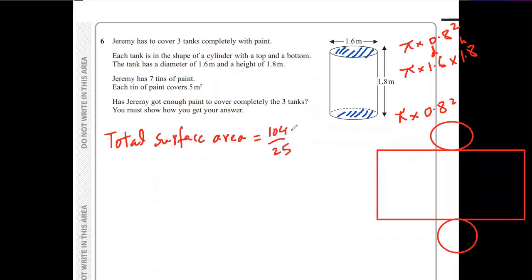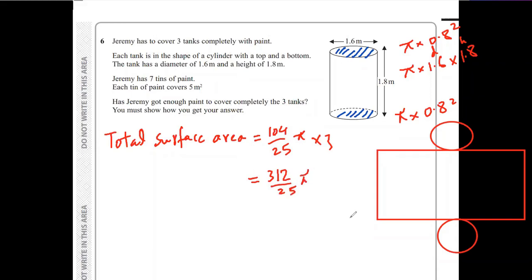And how many such cylinders need painting? 3. Okay, so which means you will times it by 3 then. If you times this one by 3, what will we get? We'll get 312 over 25 pi.